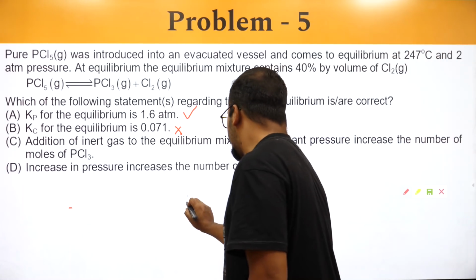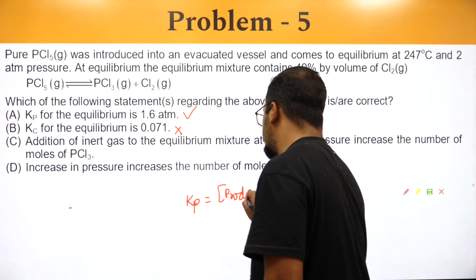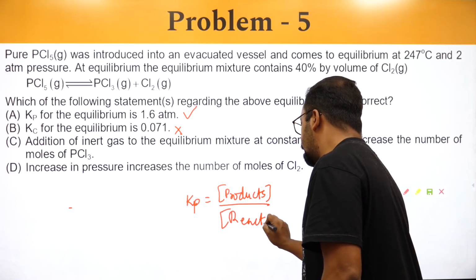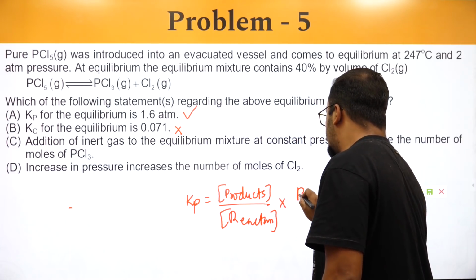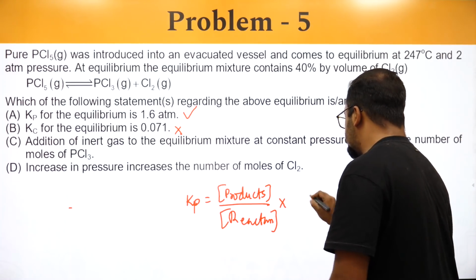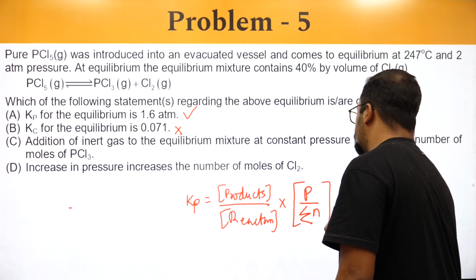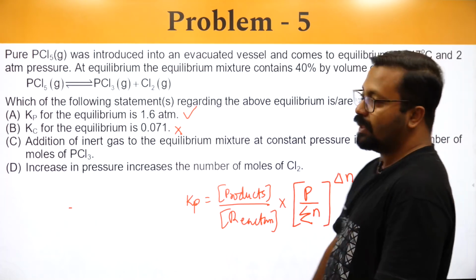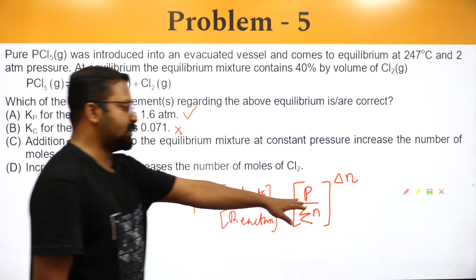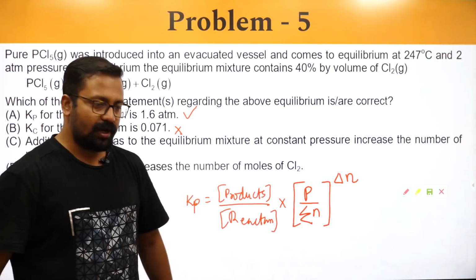Remember this, I will always use this relation: Kp equals products by reactants times RT by V, or you can use total pressure by summation n to the power delta n. Try to use this equation. This is a very important shortcut. P represents total pressure, products, reactants, and summation n represents total number of moles.